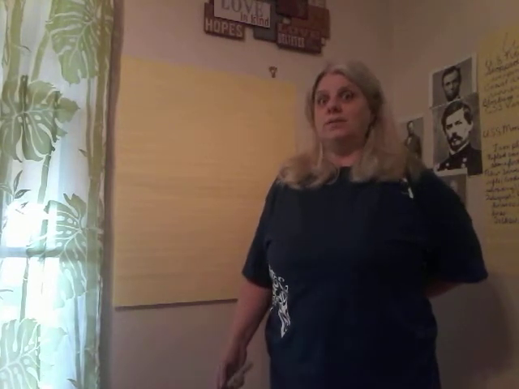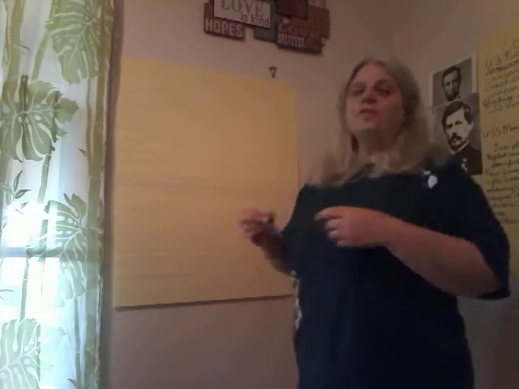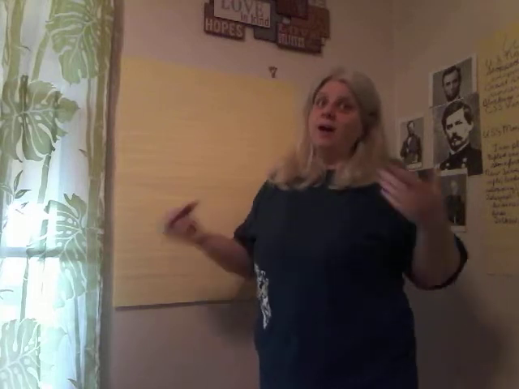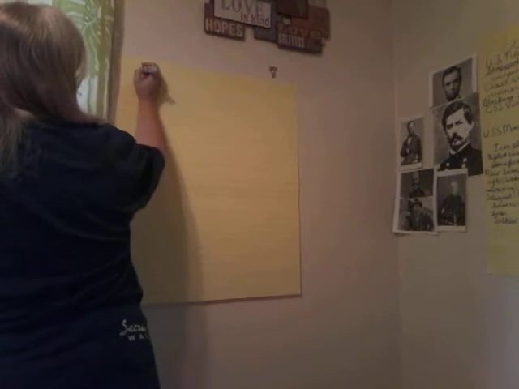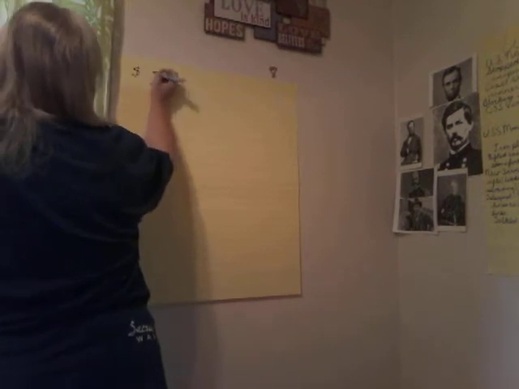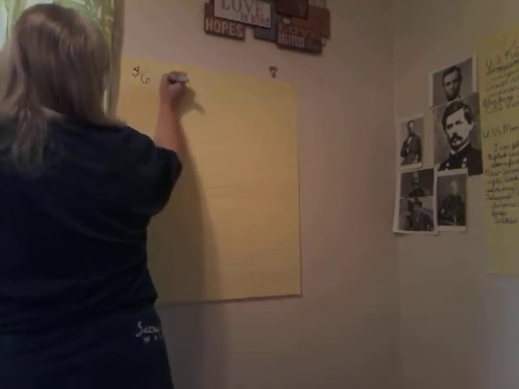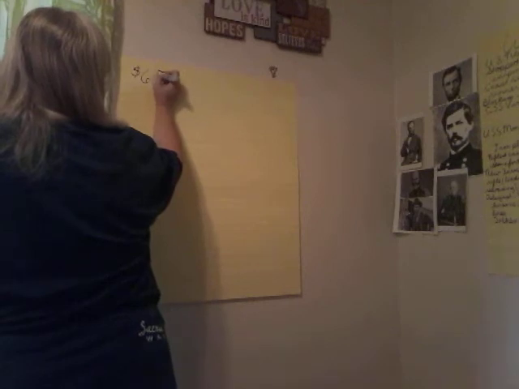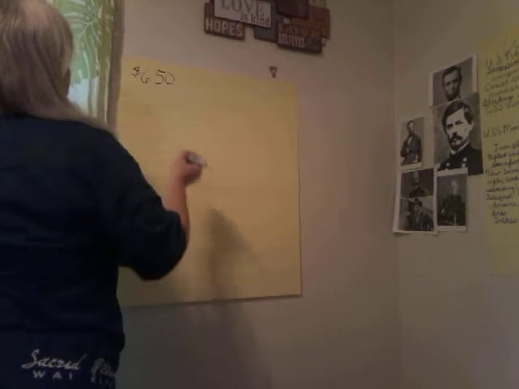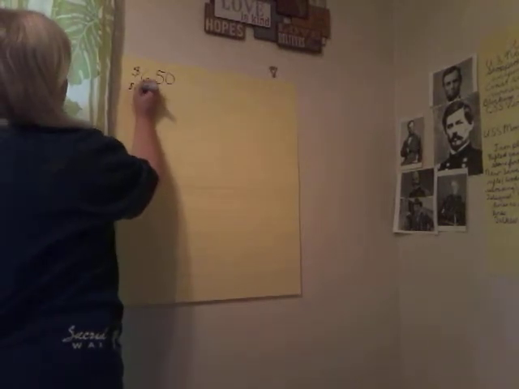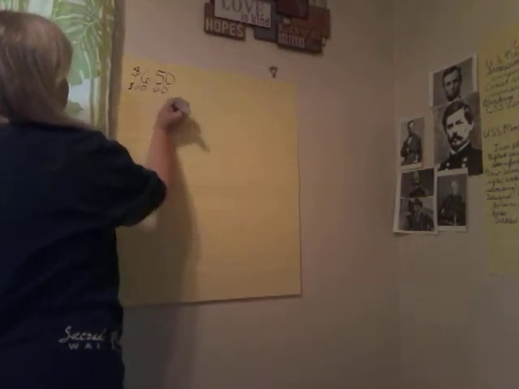All right. So the first thing you do to count back change is you figure out how much money you spent. So let's pretend somebody bought their stuff and it was $6, and we'll start with an easy one, 50 cents. Okay? And you go to the cash register and you give them $10.